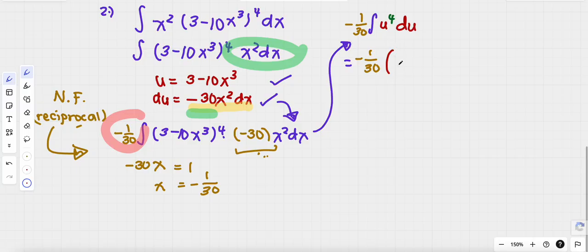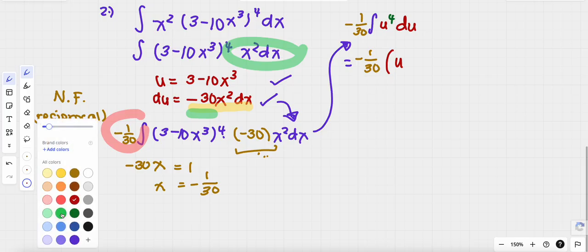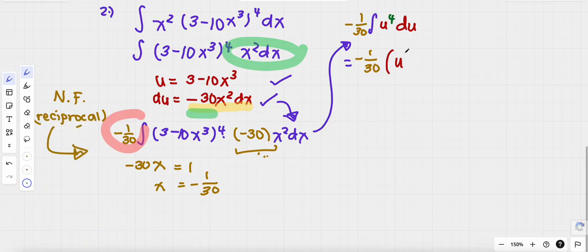So that's u to the 5, right? 4 plus 1. And then don't forget the denominator. So that's u to the 5 all over 5. Now, no plus c yet.